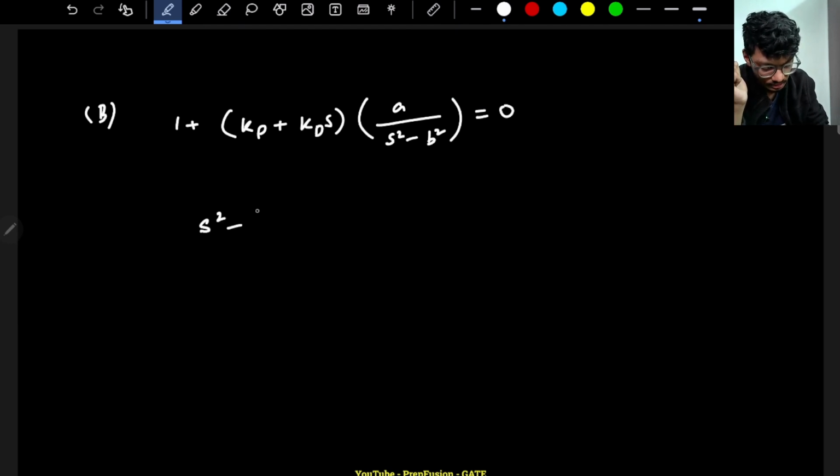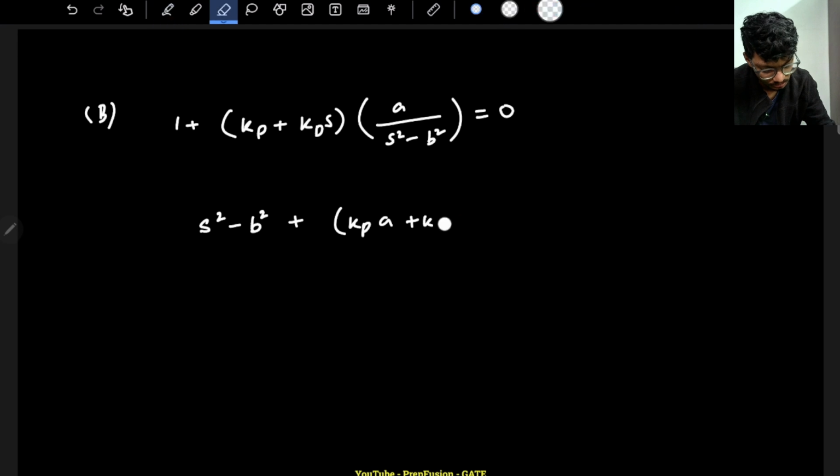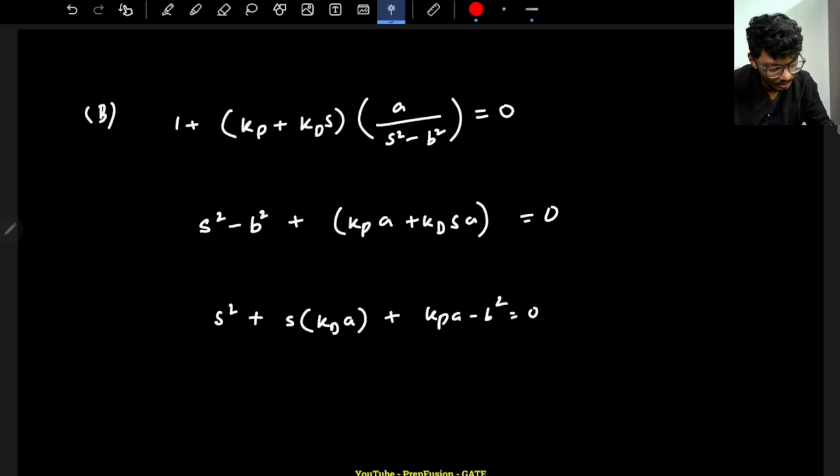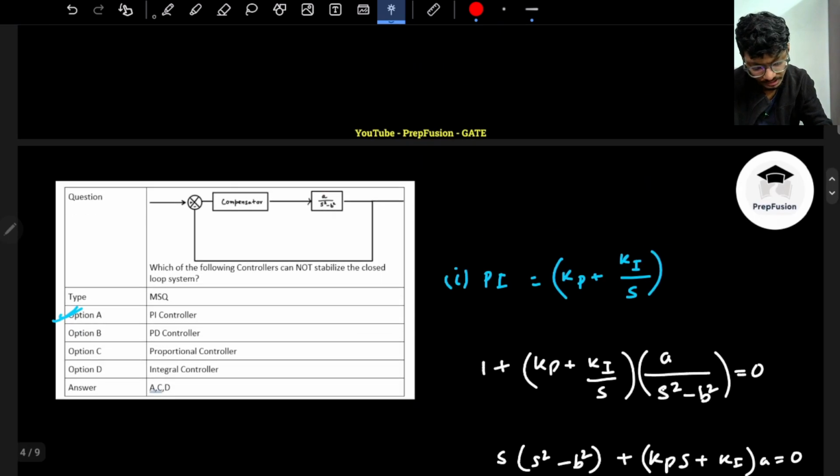This will be s square minus b square plus Kp into A plus Kd into s into A. Okay, so from here what I can observe is that all the coefficients are present. This is s into Kd A plus Kp A minus b square. So all the coefficients are present, so somehow I can choose my values so that I can make this system stable. So this is possible, so this will not be my correct answer.